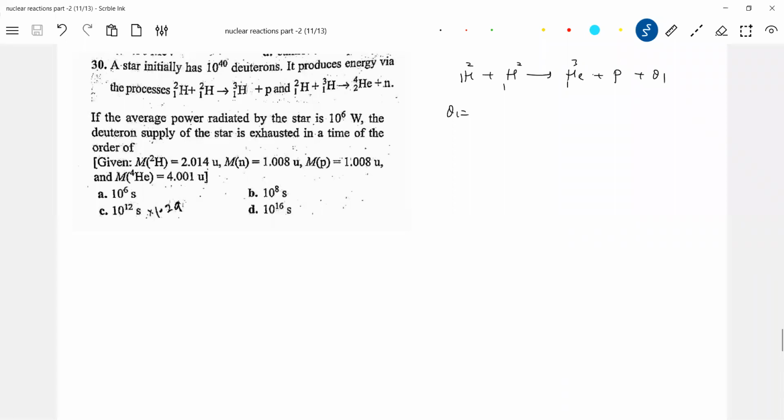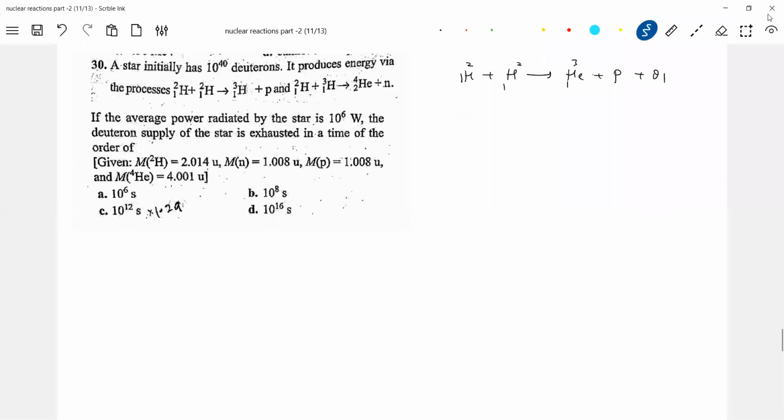First we'll calculate Q1, but we don't know this 1H3. I think you just do one thing: add up these two and we'll get the total energy release, because 1H3 is there in the RHS and it's there in the LHS. So what we should do is take the total energy released in the combined reaction.